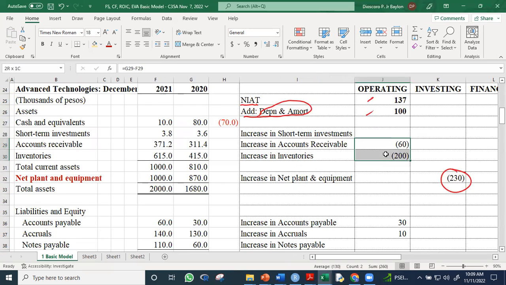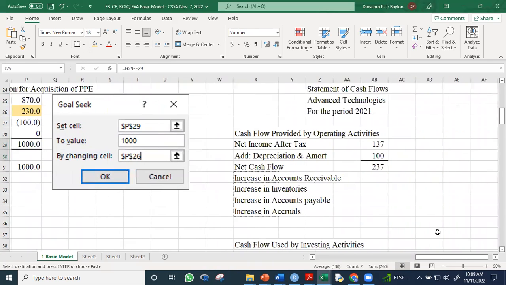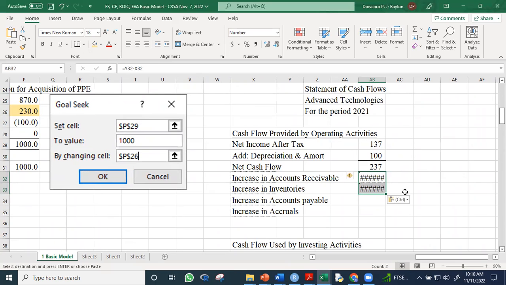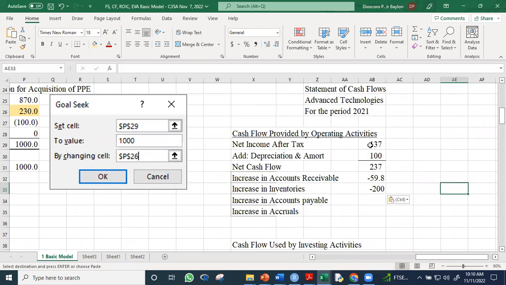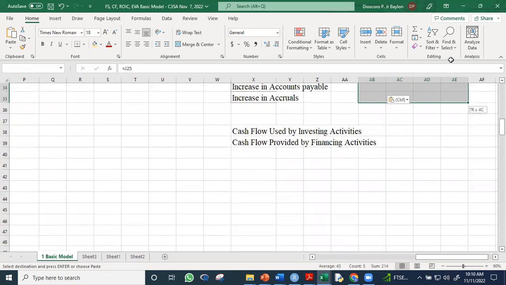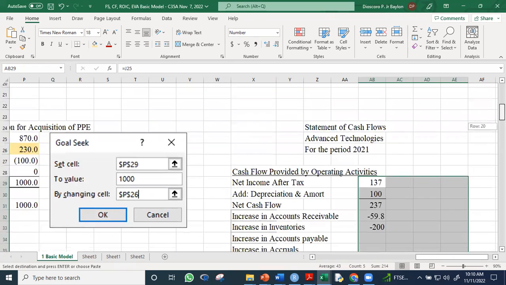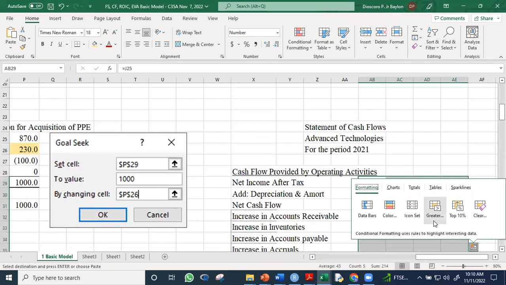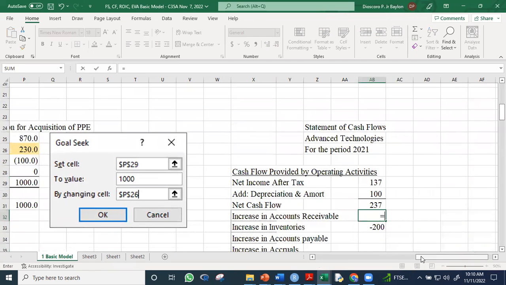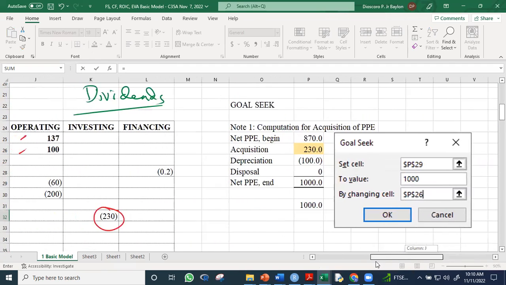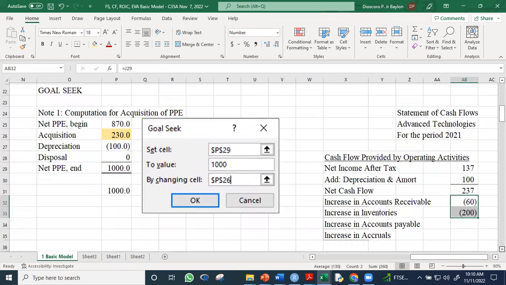You can just copy this. Okay, I'll just link it so the format is maintained.